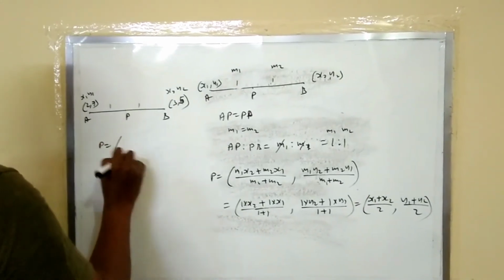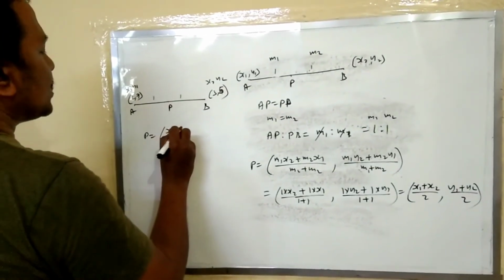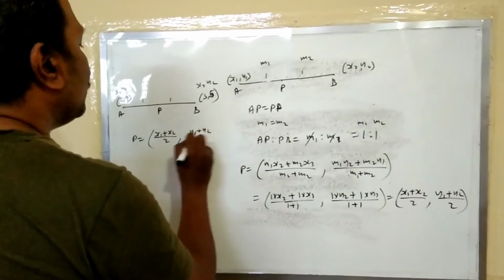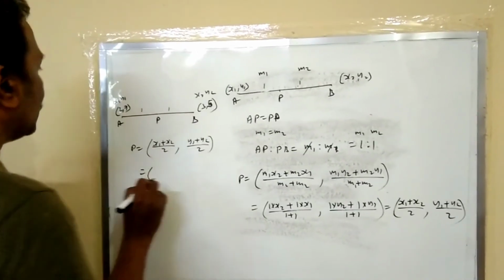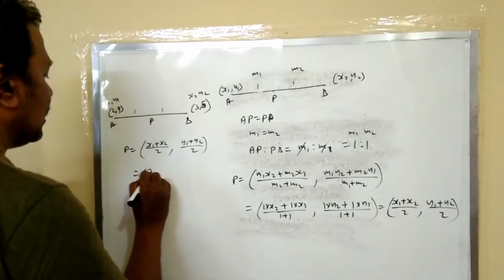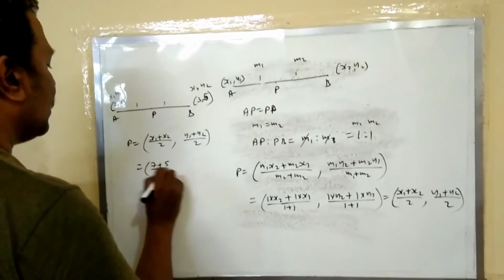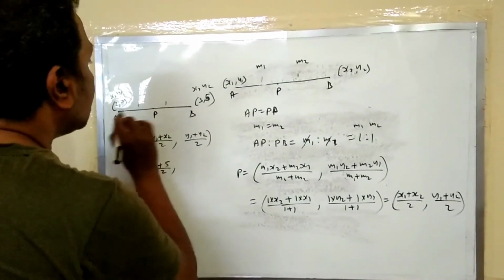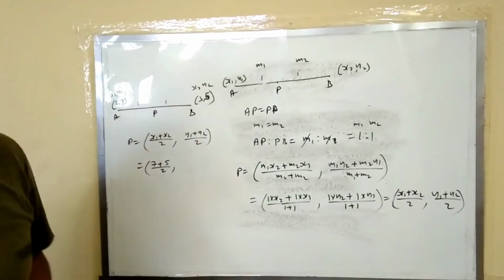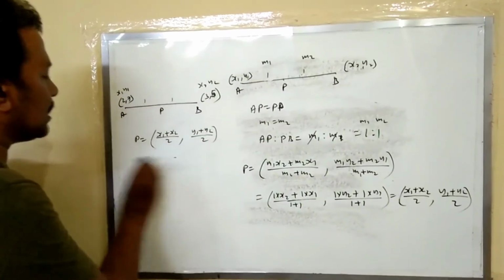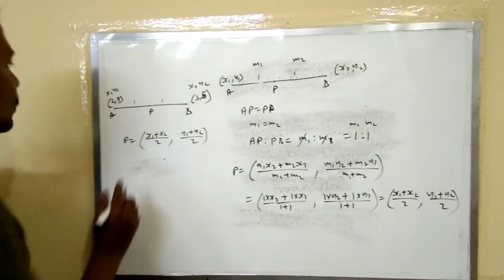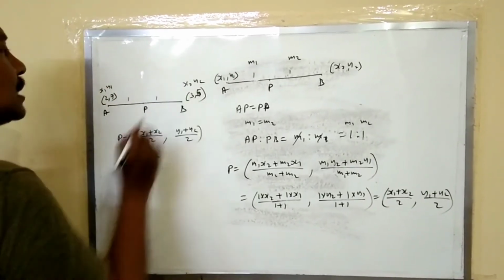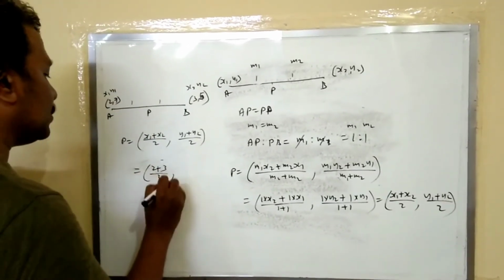So P is (x1 plus x2) by 2, and (y1 plus y2) by 2. Here x1 is 2 and x2 is 3, so 2 plus 3 by 2.